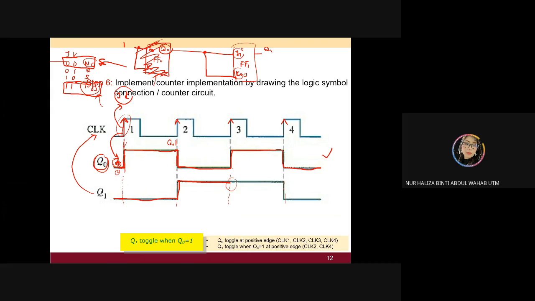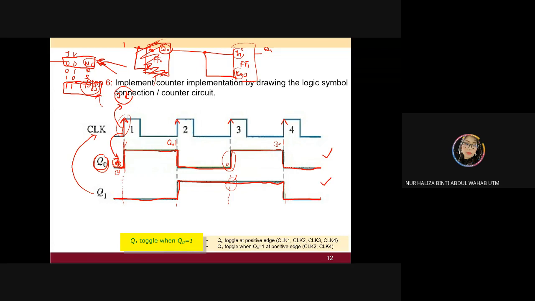What will happen? You're going to look into the value of your JK. Your JK depends on your Q0 there. Your Q0 is 0. What happens? No change. Direct to the next positive clock. Now Q is equal to 1. You're going to toggle.